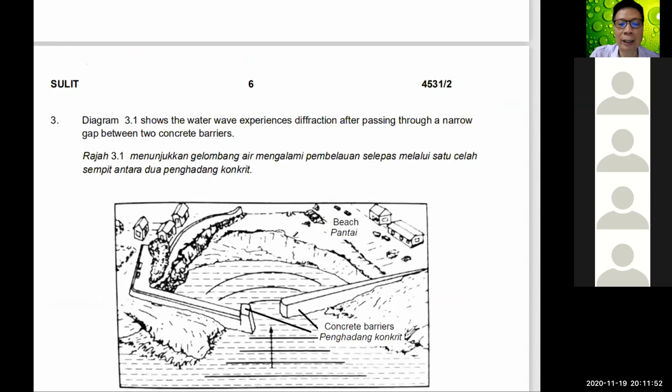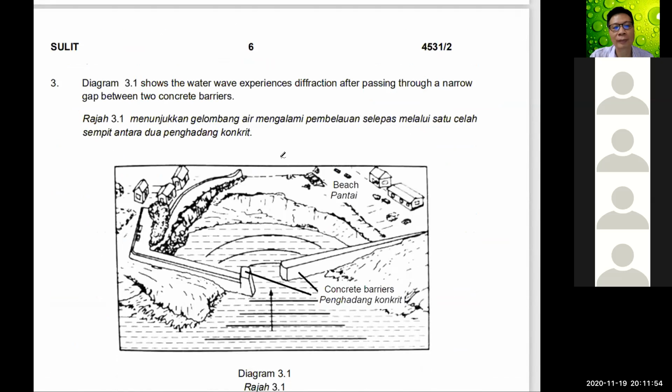Question number 3 now. Now study the question. The diagram shows the water wave experiencing diffraction after passing through a narrow gap. You see the water wave come in, right? So this is a gap. When the water wave passes through the gap, it becomes a curved shape. So the water wave experiences diffraction like this.